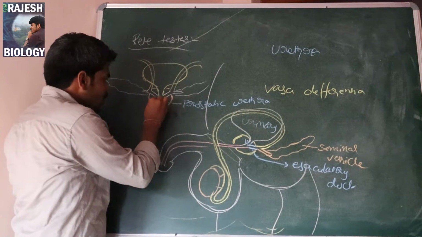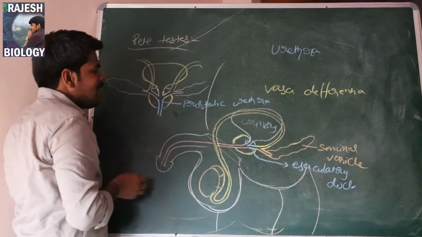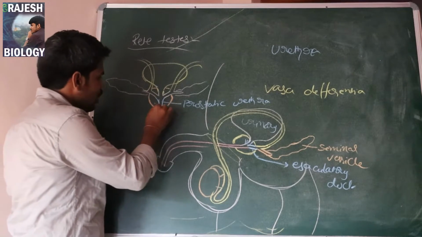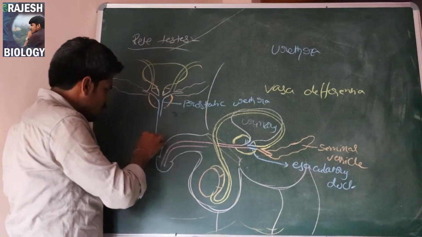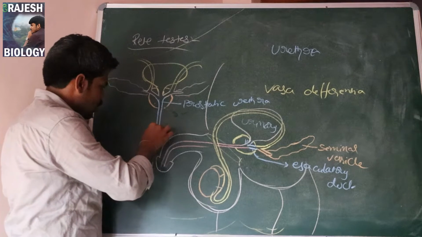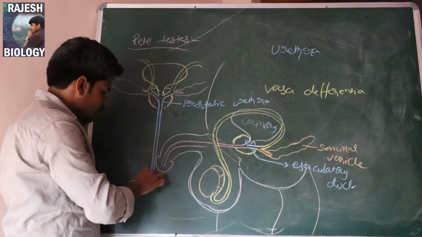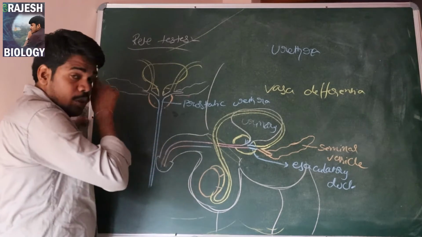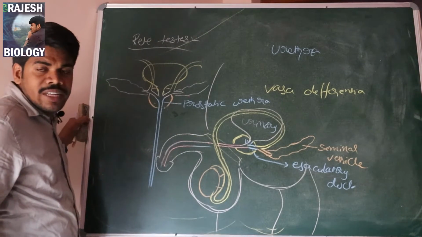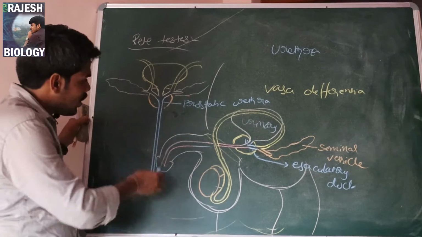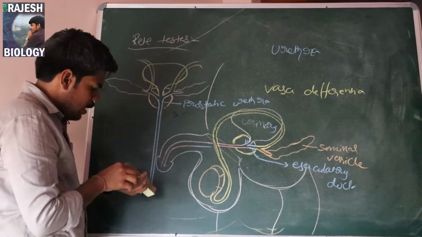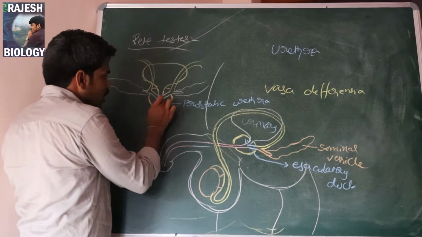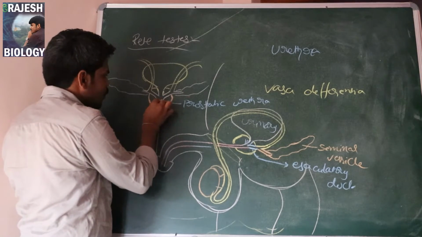The urethra which is present in the prostatic gland is called the prostatic urethra, and it continues out through the penis, which is the male external genitalia. Into the urethra, the prostatic gland also opens with several ducts.